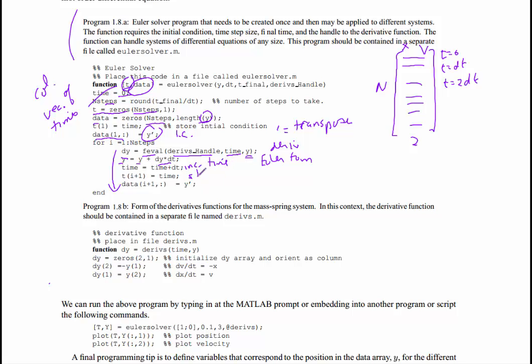And here you're storing the time. And here you're storing the function. Okay. Again, this routine computes y as a column, and it's changing the column into a row.